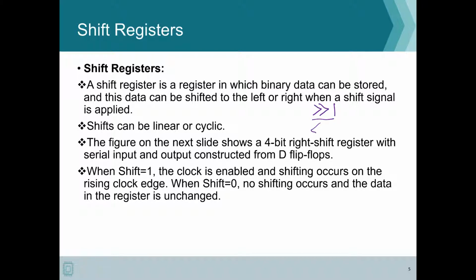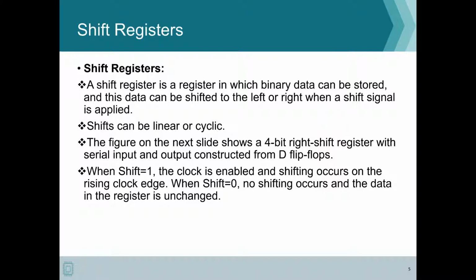Again, if I use a left shift operation, so that's my left shift symbol, and let's say I put a 2, then you want to shift the bits 2 places to the left.